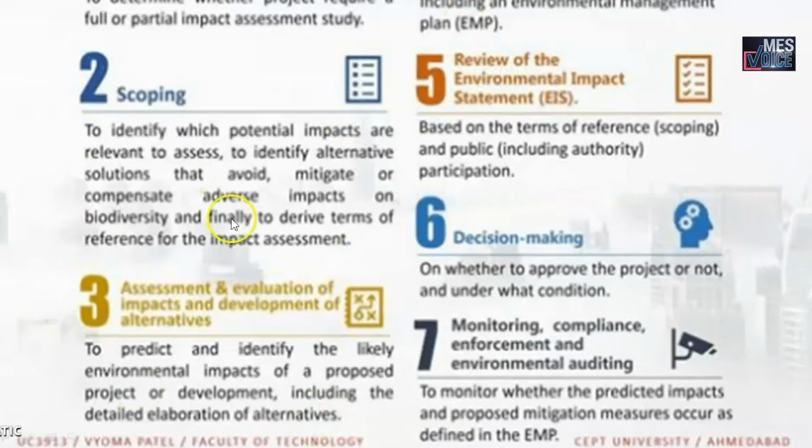Fourth one, reporting the Environment Impact Statement, EIS or EIA report, including an Environmental Management Plan, that is EMP. Review of the Environmental Impact Statement based on the terms of reference and public participation.